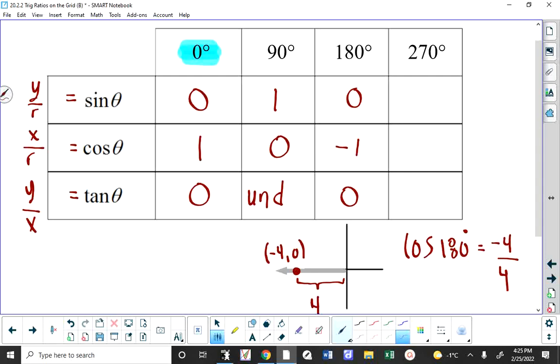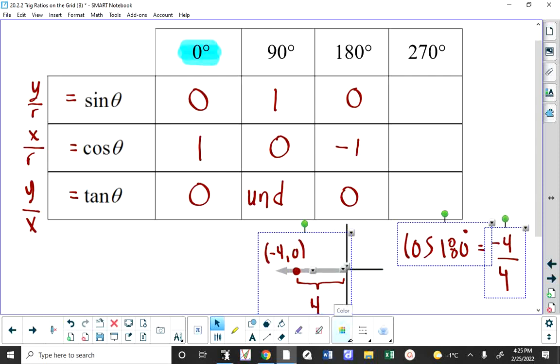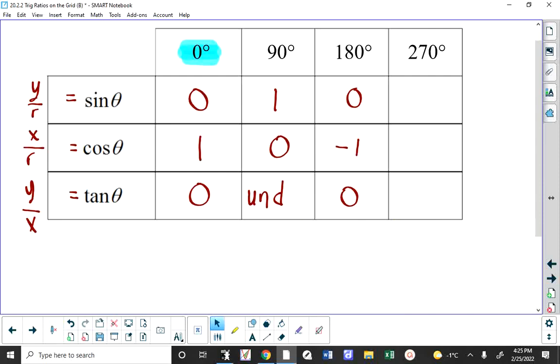Because I'm not in a position here where I have a lot of time, I'm just going to very briefly talk about the remaining column and tell you that if you want, you can reproduce the results by continuing to draw a terminal arm that is at 270 degrees, which would look like this, by picking a specific point on the terminal arm and running through the same logic that we did with 0 degrees, 90 degrees, and 180 degrees.